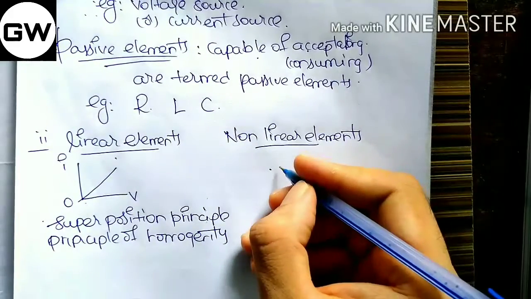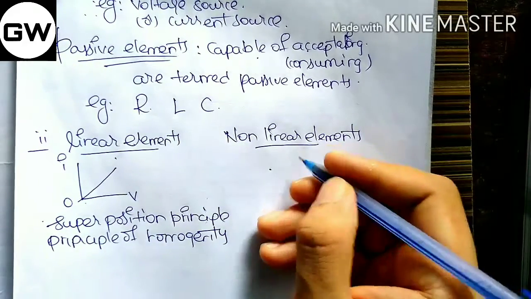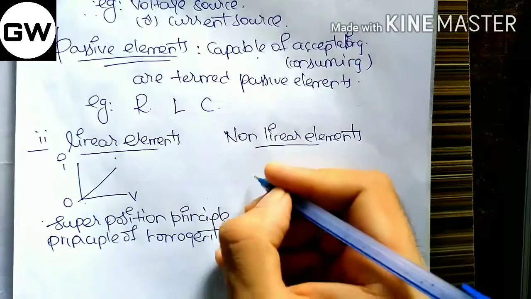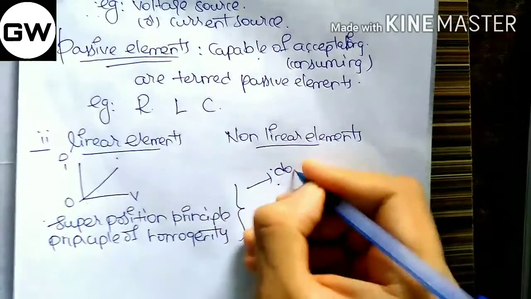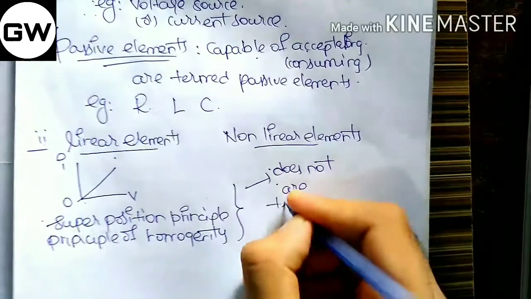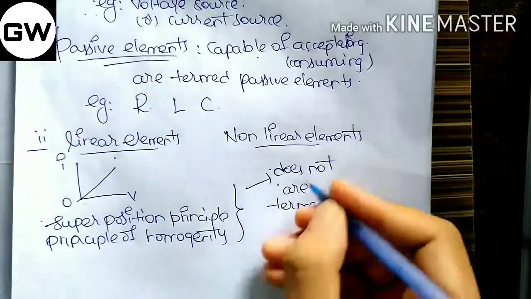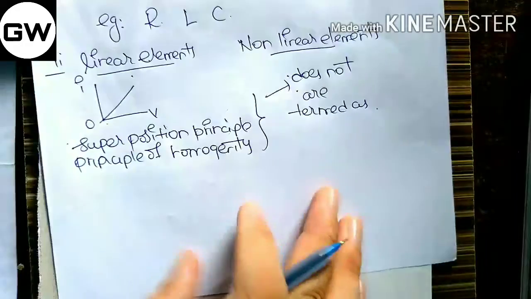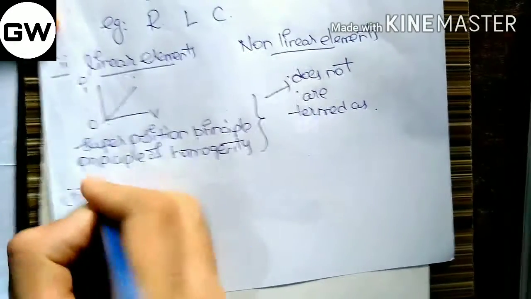Whereas the elements whose VI characteristic does not follow a straight line, or which do not obey the principles of homogeneity and superposition, are termed as non-linear elements.